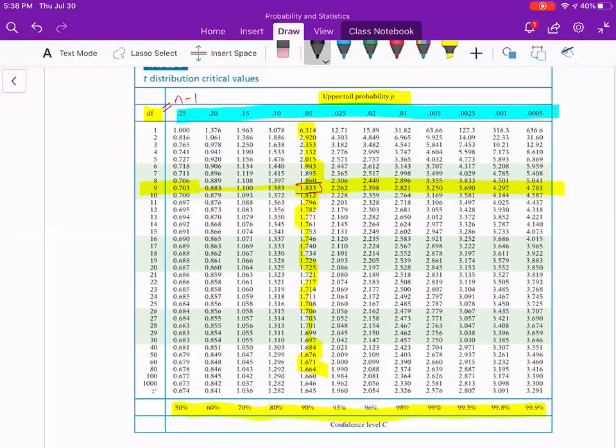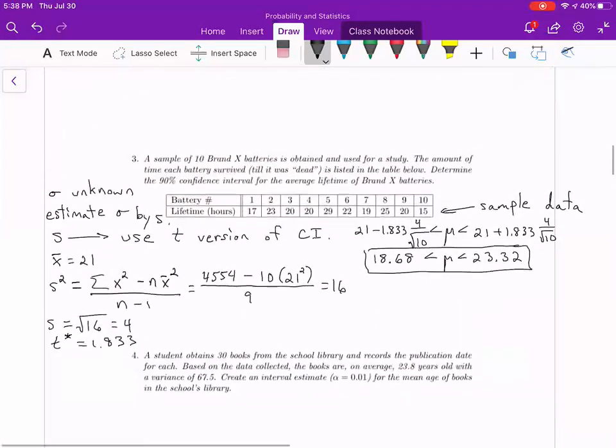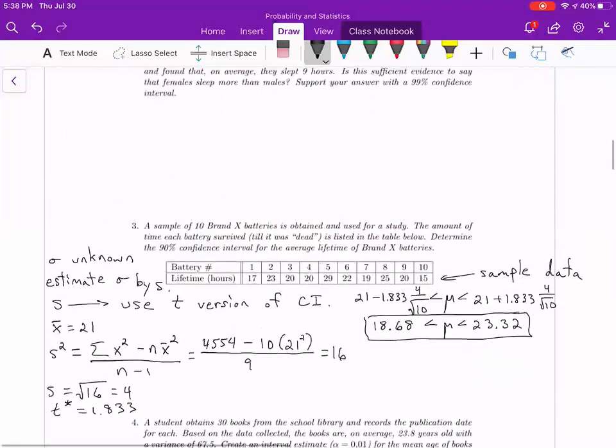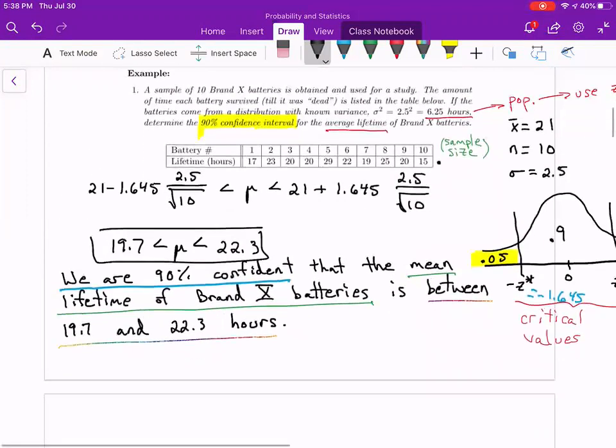Okay, so let's interpret our answer. Before we interpret, actually notice how it differs from the confidence interval that we got in the first one. When we knew the population standard deviation, our interval ranged from 19.7 to 22.3.